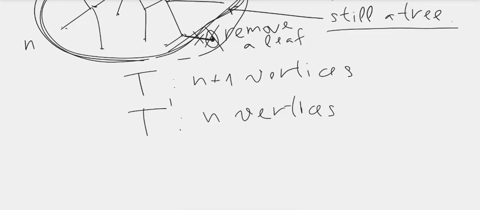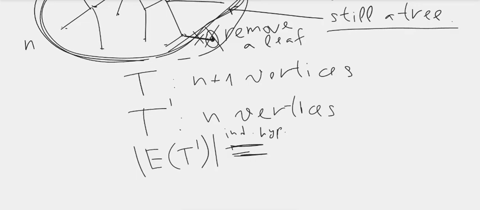And its number of edges, the number of edges E of T prime, by the inductive hypothesis is equal to n minus 1.